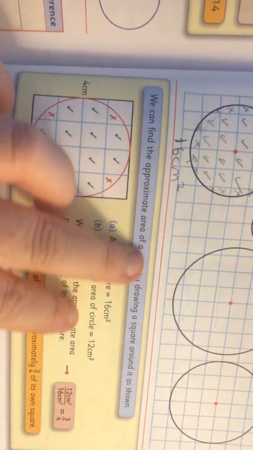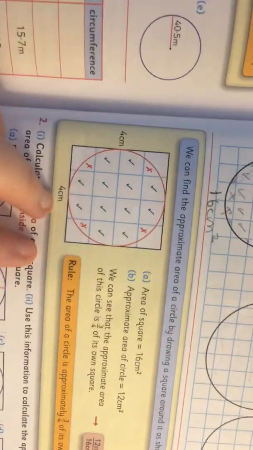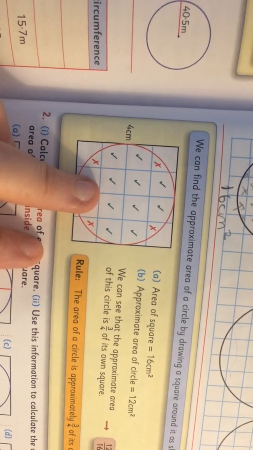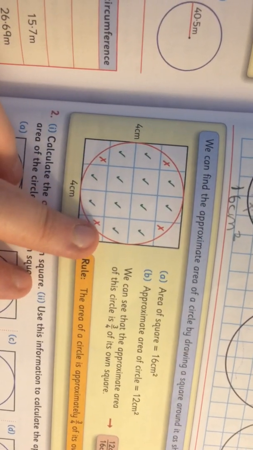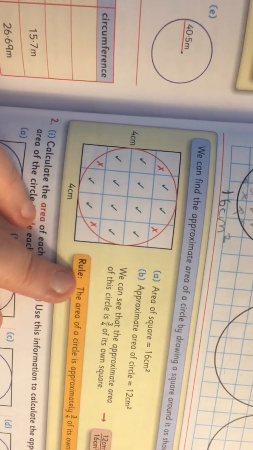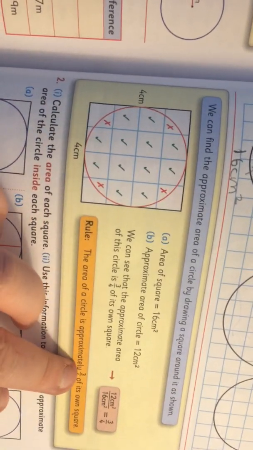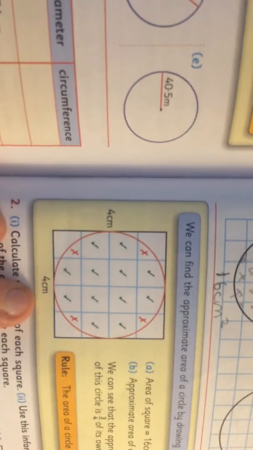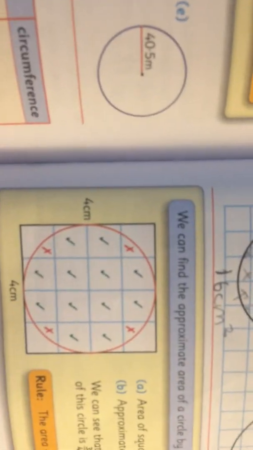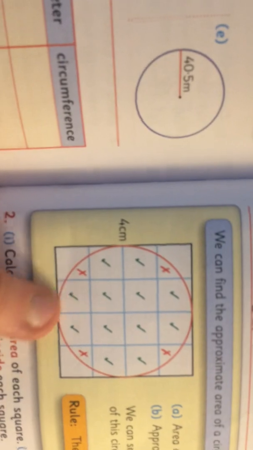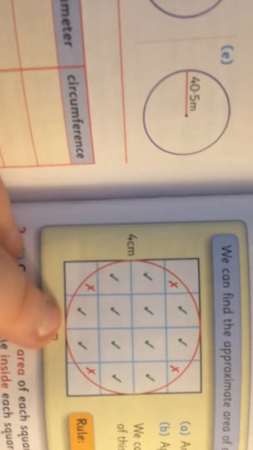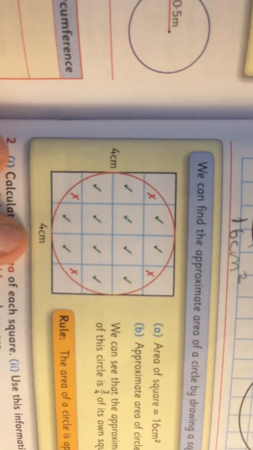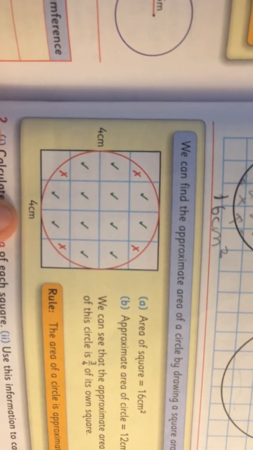We can find the approximate area of a circle by drawing the square around it as it is shown. The area of a circle is approximately 3/4 of its own square. So let's say if we drew a square around any of these circles like this, and it was 4 centimetres by 4 centimetres, that would be 16 centimetres squared.